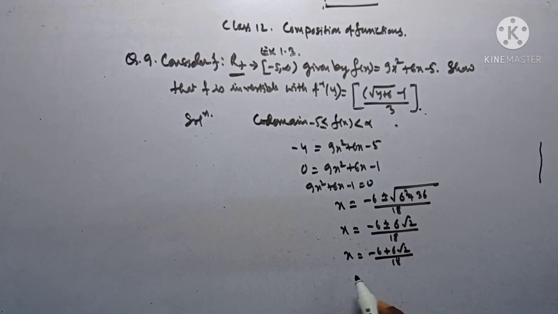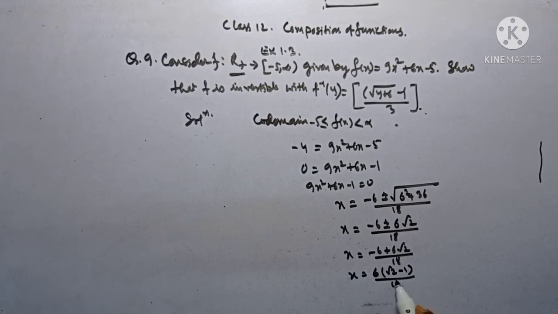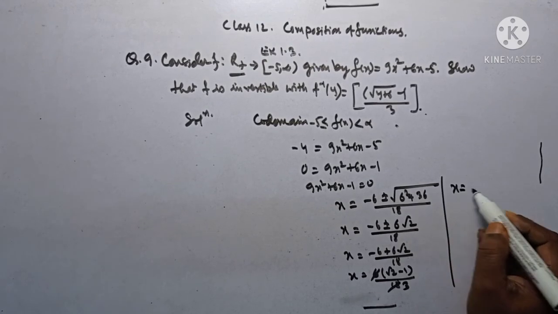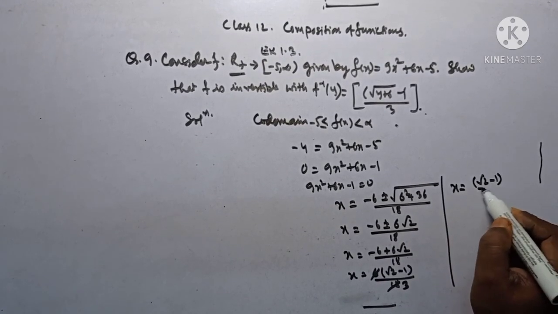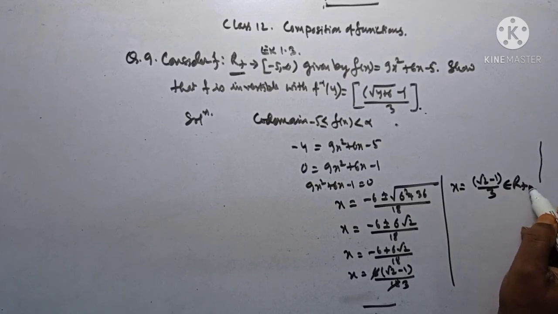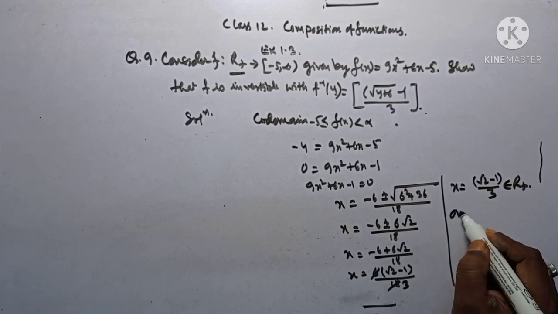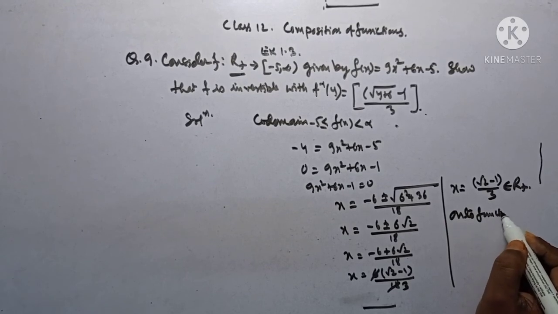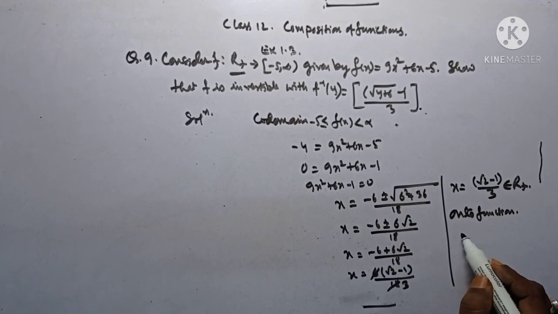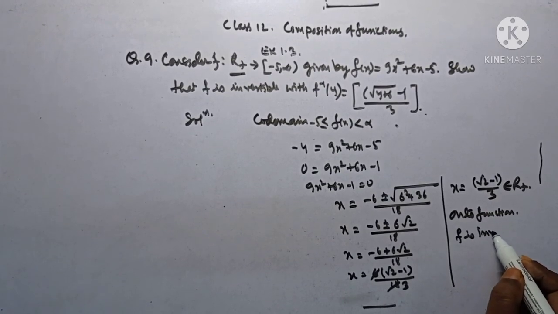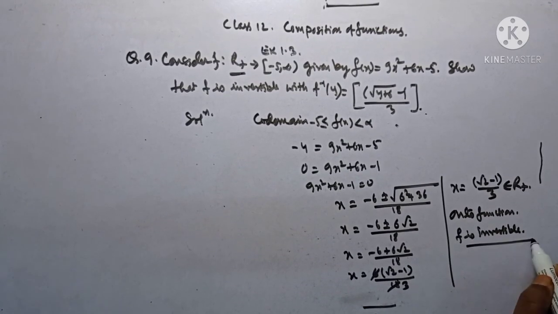So x is equal to 6 common, root 2 minus 1 by 18, 6 threes are 18, so x will be equal to root 2 minus 1 by 3, and this belongs to R plus. So you can easily say that it is an onto function. And so your f is invertible. You can say that f is invertible.